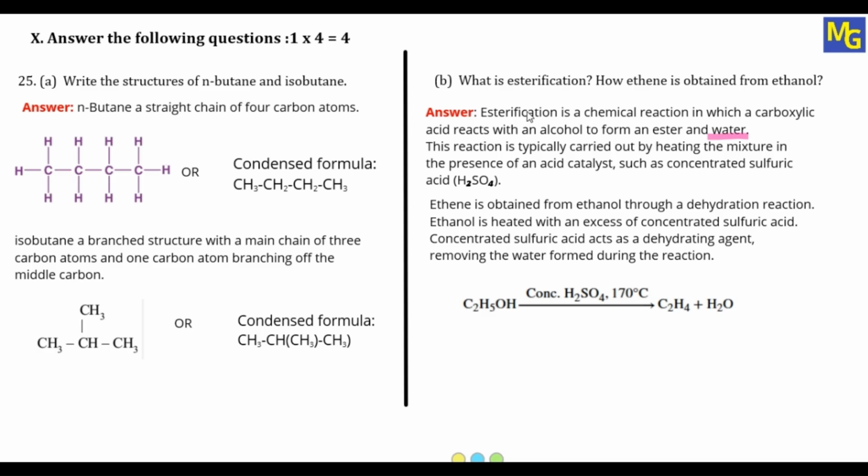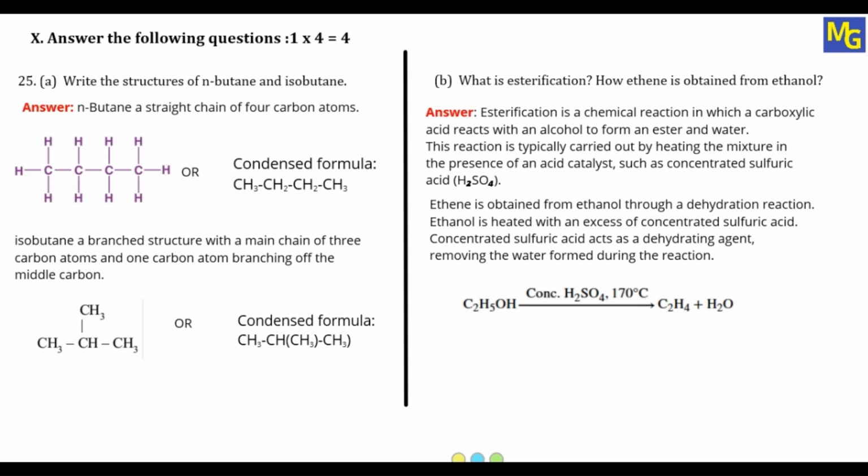So it's a process where we prepare ester by using carboxylic acid and alcohol. This reaction is typically carried out by heating the mixture in presence of an acid catalyst. So here we heat carboxylic acid and alcohol in presence of a catalyst, which is nothing but concentrated sulfuric acid.